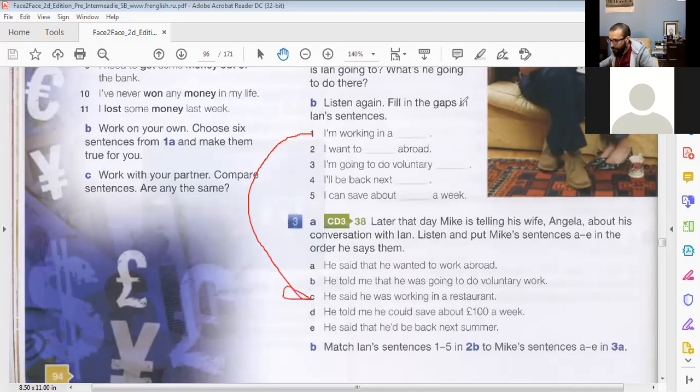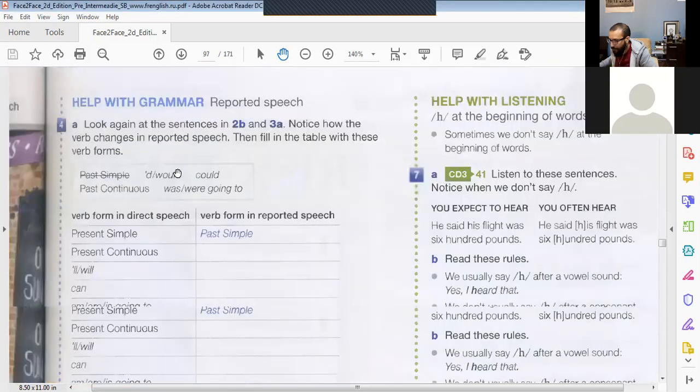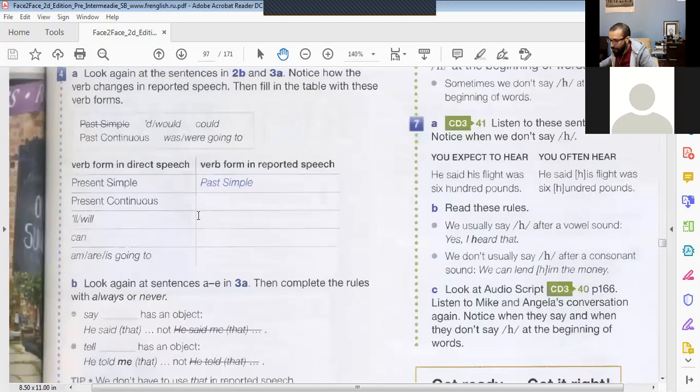He said he was working in a restaurant. Change it to past continuous. So this means present continuous in reported speech becomes past continuous. So we need to write past continuous here. So this is our second rule.